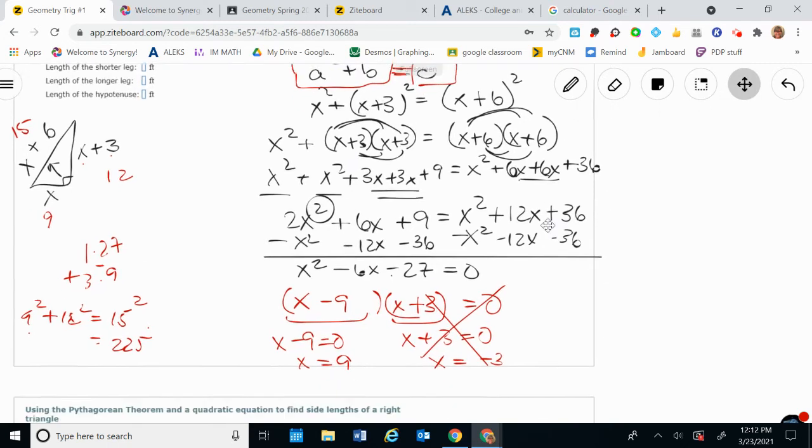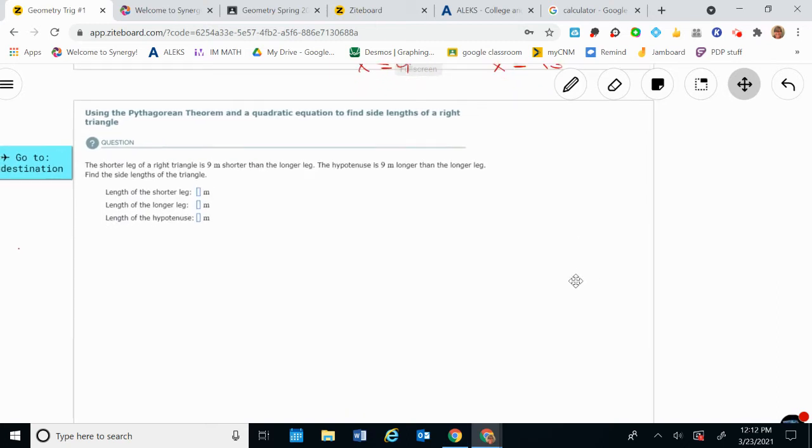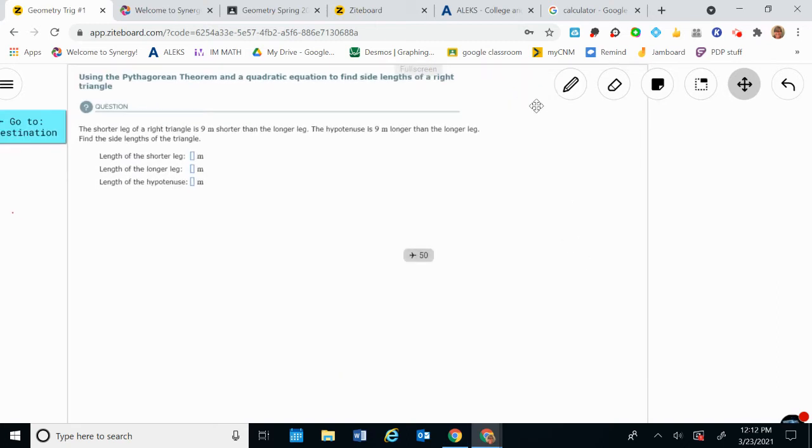Okay, last one. Same problem. Last one. All right. Here we go. Okay, the shorter leg. Okay, here we are back at the right triangle thing. The shorter leg of a right triangle is 9 meters shorter than the longer leg. In this case, the longer leg is going to be x.